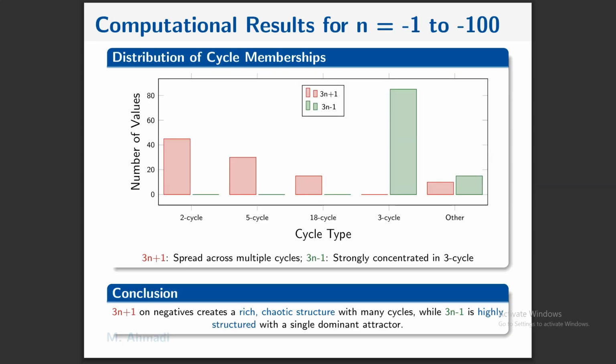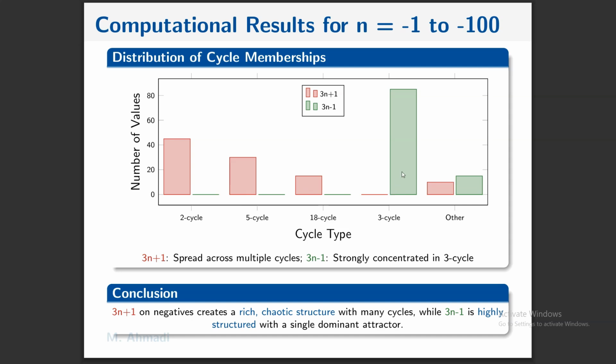Here we also show the graph of the computational results for n from -1 to -100. The red one shows the 3n+1 and the green one shows the 3n-1. For the cycle types of 3n+1, more than 40 go to the 2 cycle, and then the 5 cycle, and less than 20 go to the 18 cycle.